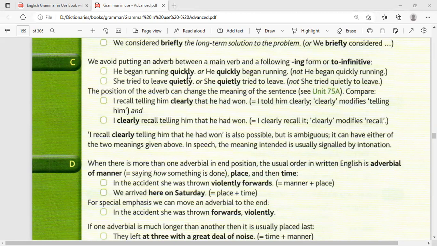He began running what? Quickly. Can we say here he began quickly running? No. Why?